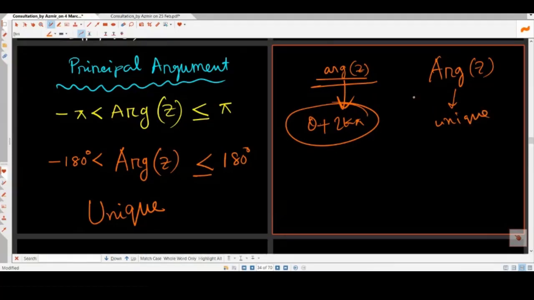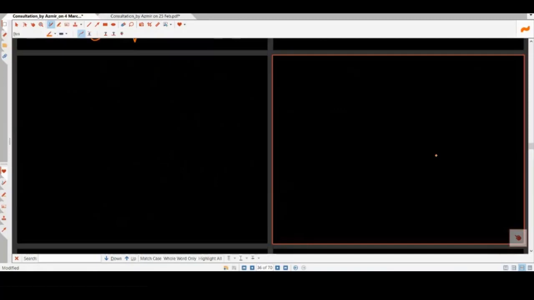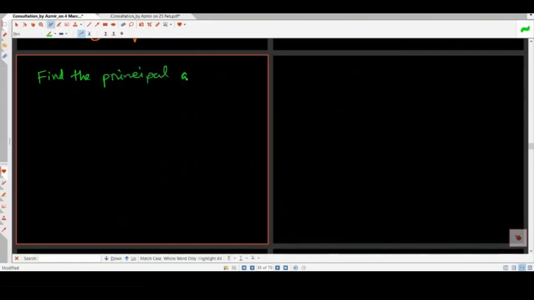So let's try to find it. Suppose the question is: find the principal argument of Z equals negative root 3 negative i. So let's try to find this principal argument.